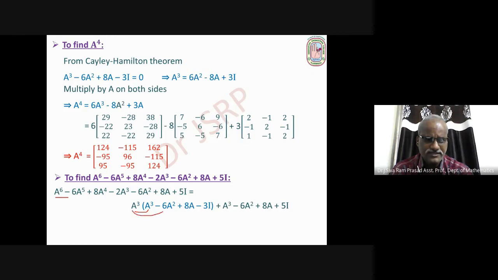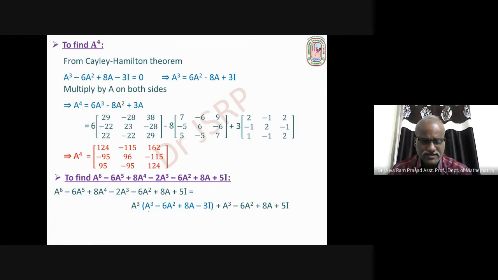Next, A cube into minus 6A square, that is minus 6A power 5. Next, A cube into 8A, that is 8A power 4. A cube into minus 3I, that is minus 3A cube. But originally we have only minus 2A cube. So to get that we have to add A cube. So right here plus A cube. Next, the remaining terms as they are, minus 6A square plus 8A plus 5I.